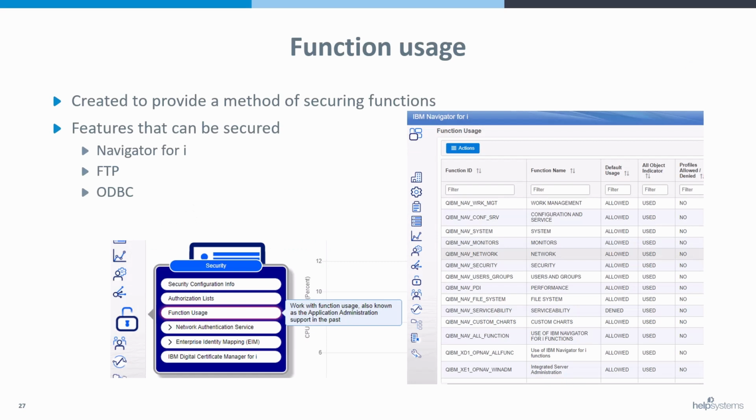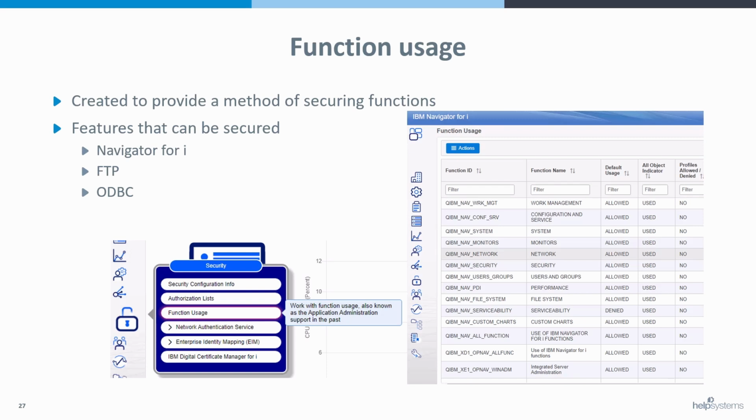So when you open the new Navigator, under the security subset, you'll find function usage. Function usage can be used to secure the features within the new Navigator to ensure that users only have access to the features that they should be allowed access to.